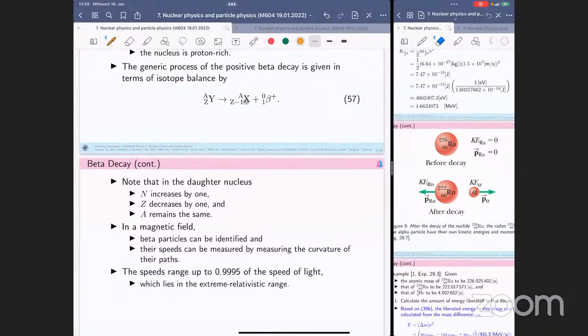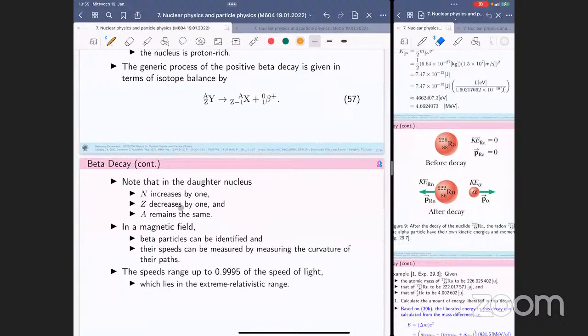In the daughter nucleus, which is the letter X, the number of neutrons N increases by 1 because a proton is converted to a neutron. You have one more neutron.